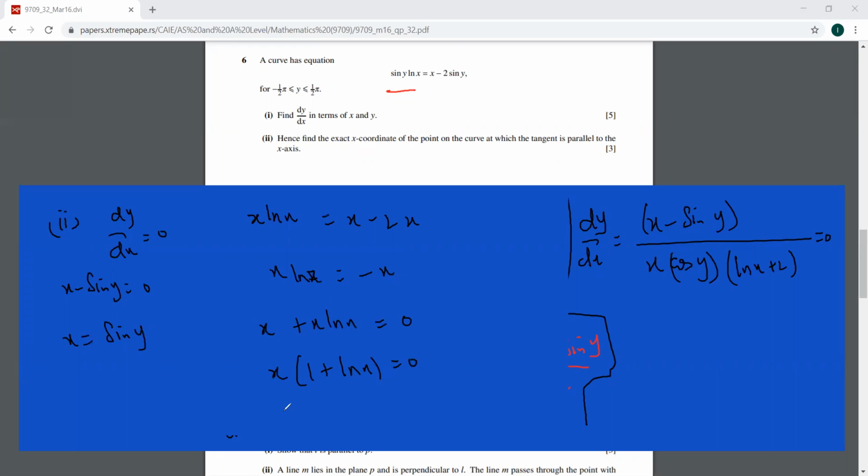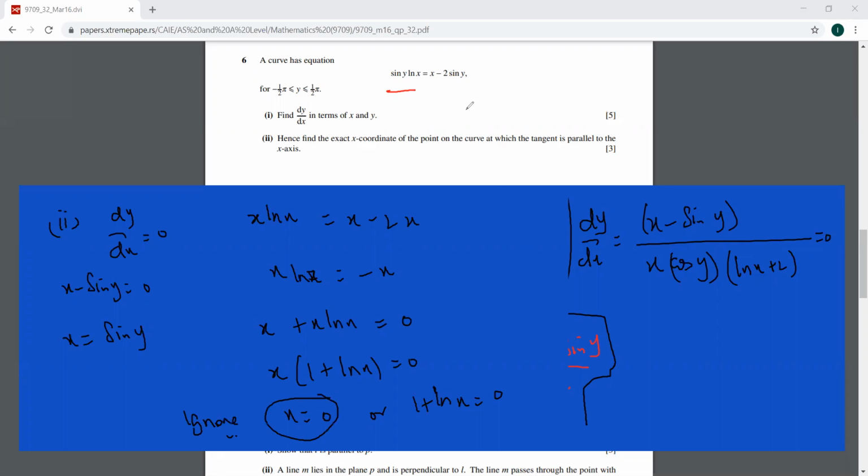Okay, and then you have x equal to 0 or 1 plus ln x equal to 0. Our x cannot be 0 because this equation becomes undefined. So this is not possible, so you ignore this one.